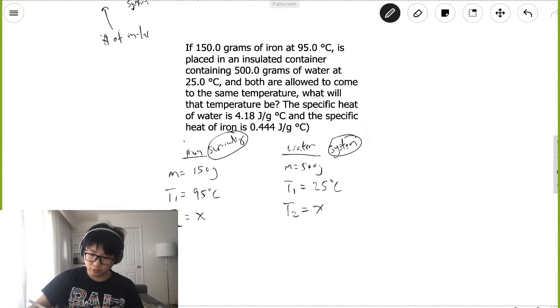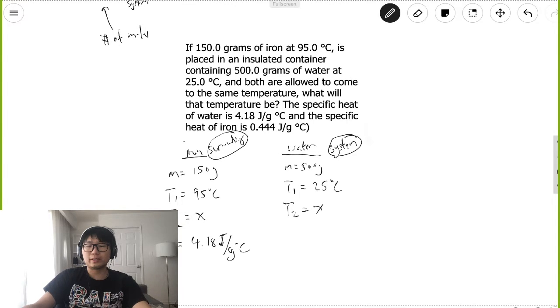Okay, so we actually don't even need to consult the chart, because they're giving us the specific heat capacity. So C equals 4.18 joules per gram degree Celsius. Now, just watch out for these units. Whatever heat capacity it is, right now it's in joules per gram per Celsius. I'll show you how they can change. For example, this joule could actually be in kilojoules. Well, if it's in kilojoules, then the energy that you end up calculating at the end will be in kilojoules.